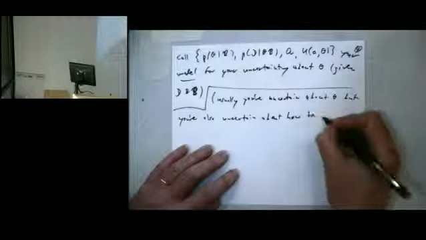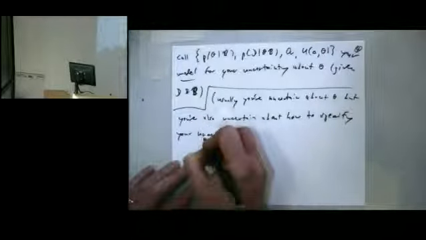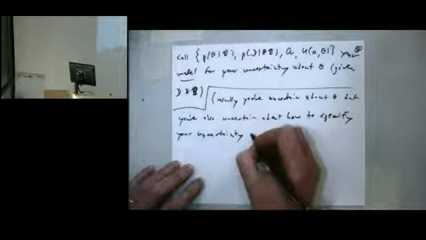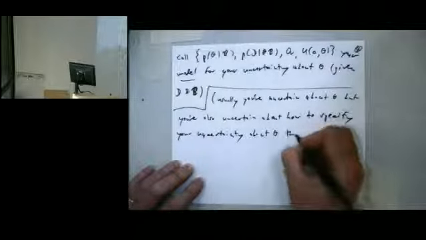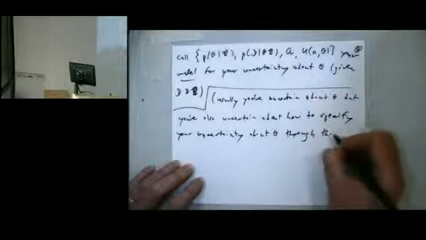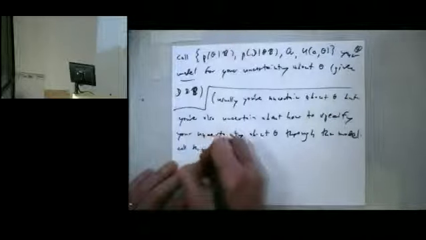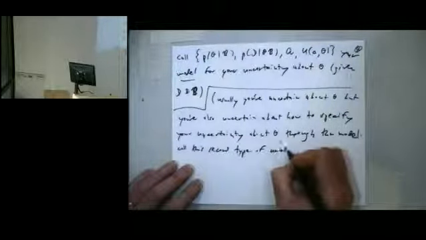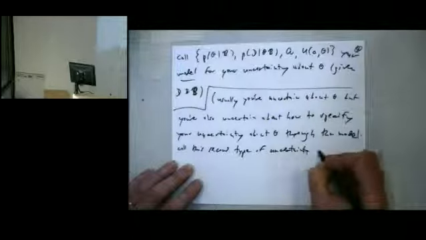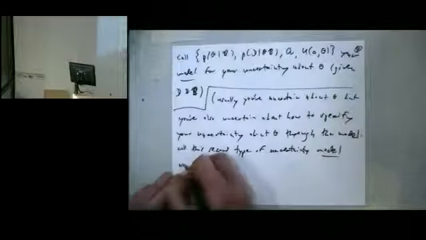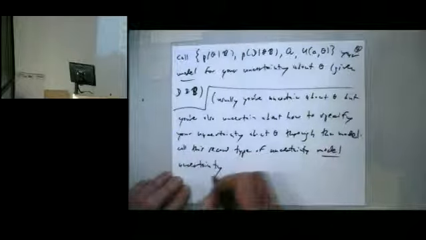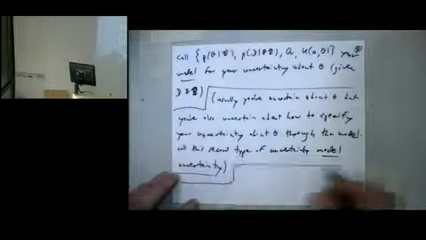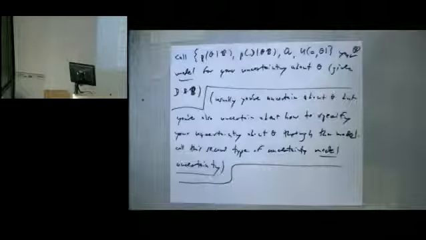You're also uncertain about how to specify your uncertainty about theta through the model. Let's call this second type of uncertainty model uncertainty. And so far, everything we've done in this class has pretended that you never have any model uncertainty.